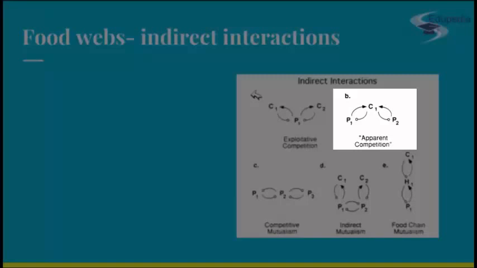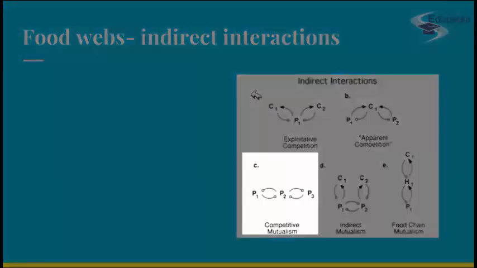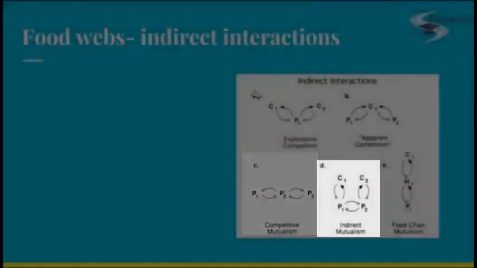Then C is a population of three species at the same trophic level, arranged so that one species, P2, is basically sandwiched between two others. So populations P1 and P3 are indirect mutualists because each inhibits the other's competitor, P2. The D scenario is a more complex four-species system, and this results in indirect mutualism or facilitation.